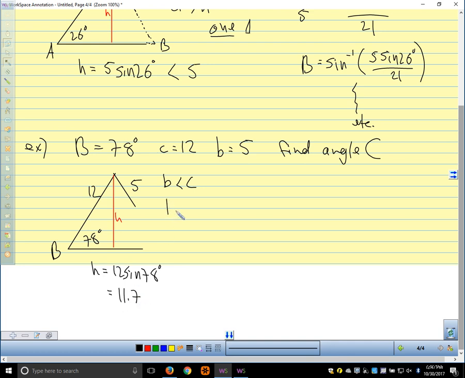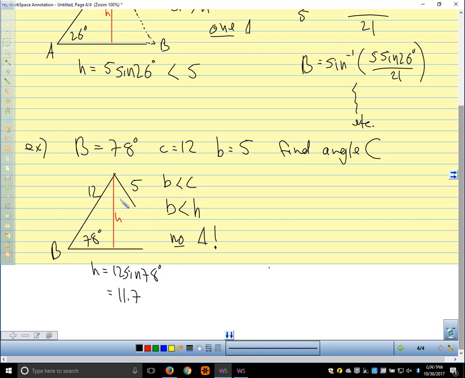So b is less than the height. So this height is almost twice as long as this side. And this angle can't change. So what does that tell us? No triangle. And we're done. This side that's 5 is too short to connect down there because the height is almost 12, more than twice as long as that side.